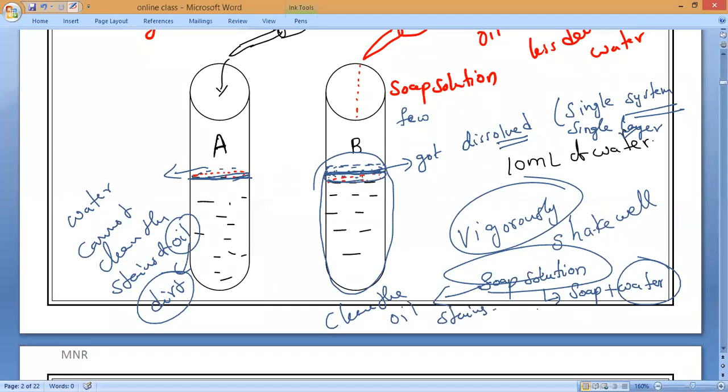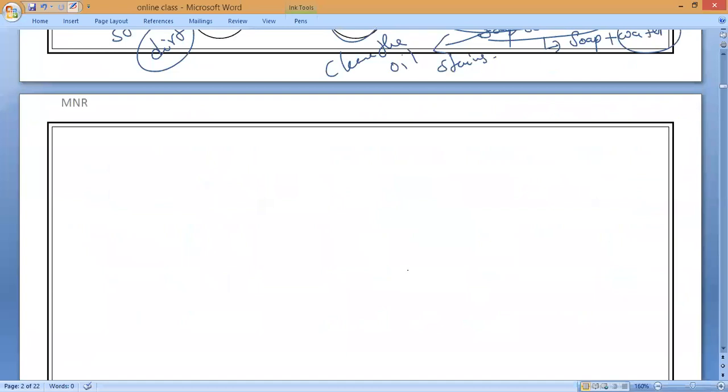For example, you have applied coconut oil on your head. Now you go to wash your hands, and you try to wash with only water. Is it possible to remove that oil from your hands? No. Even if you wash for half an hour, the oil cannot be removed because oil cannot dissolve in water.